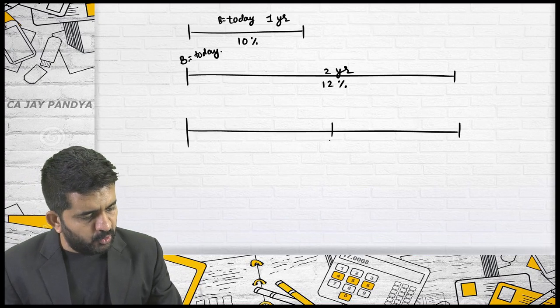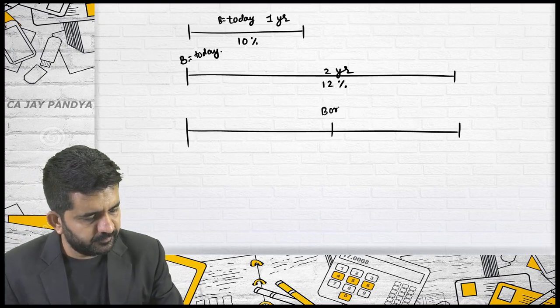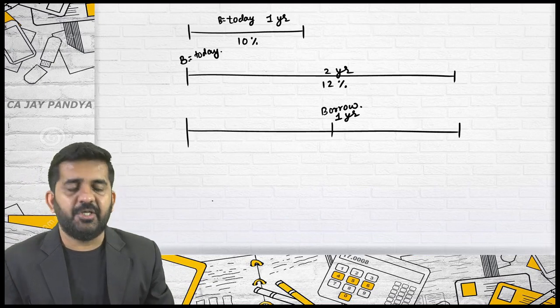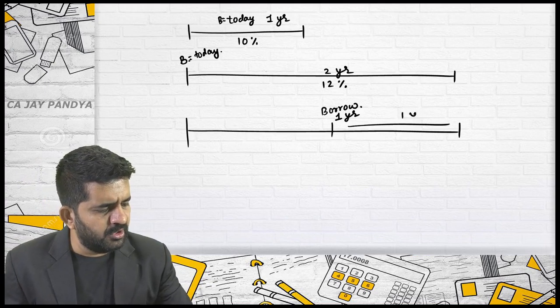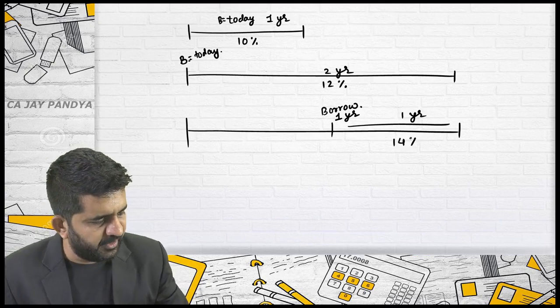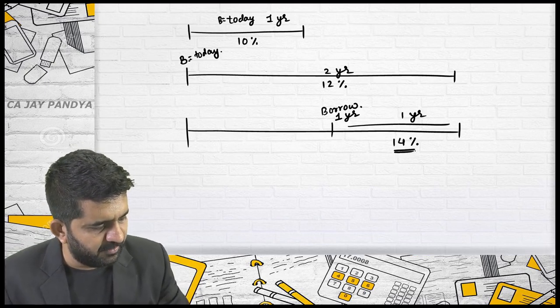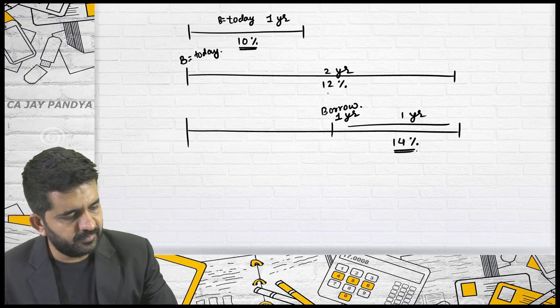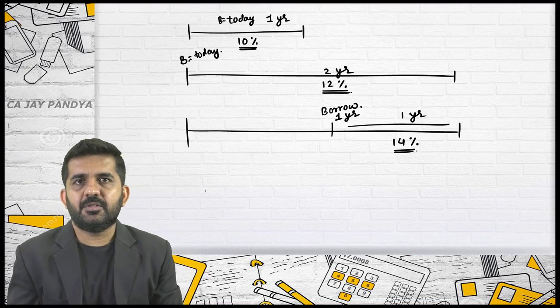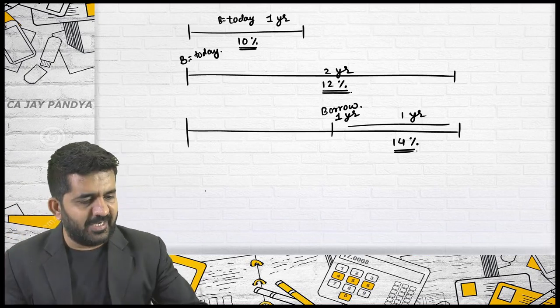If you want to borrow after 1 year, for the period of 1 year, the rate of interest applicable will be 14%. Is it alright? Try to understand.